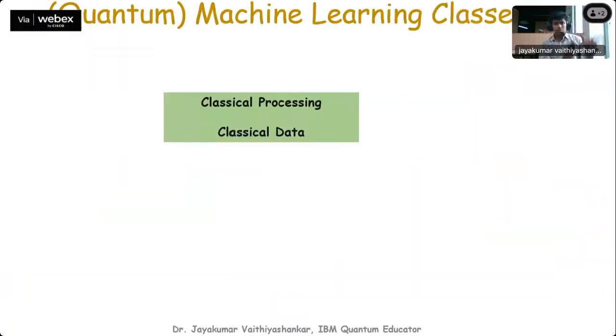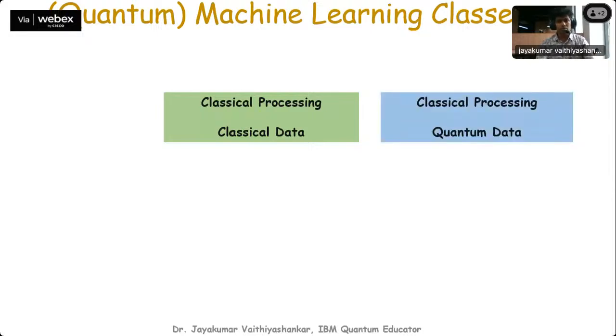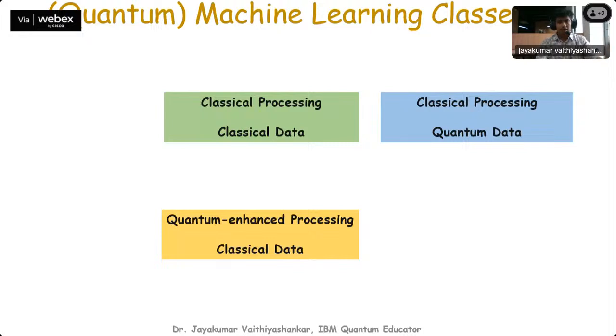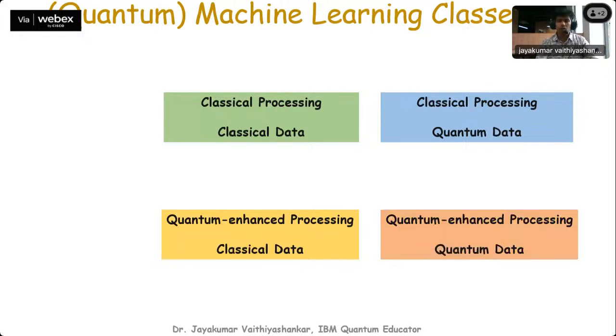Considering the previous examples and basic theory, now we are looking at quantum machine learning classes. It contains 4 models: classical data with classical processing, quantum data with classical processing, classical data with quantum enhanced processing, and quantum data with quantum enhanced processing.